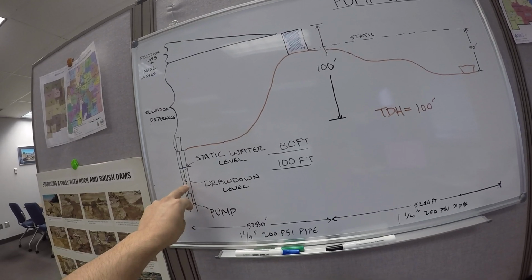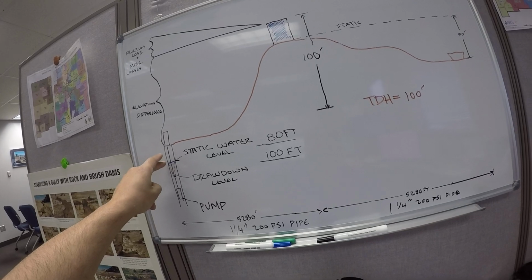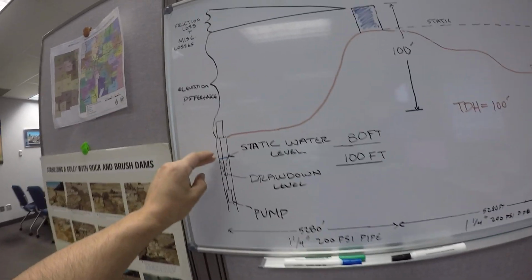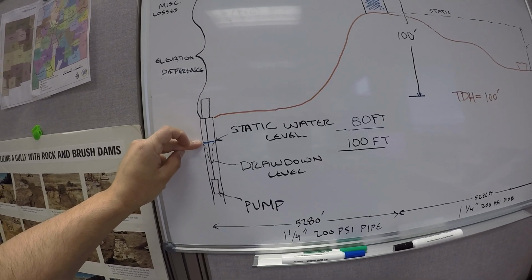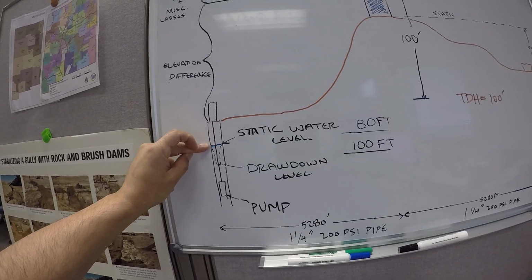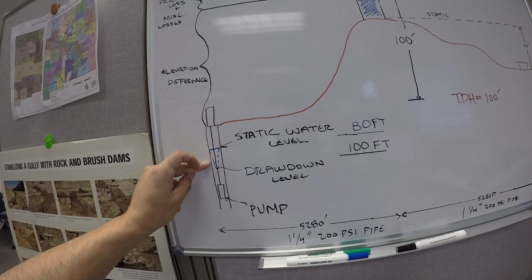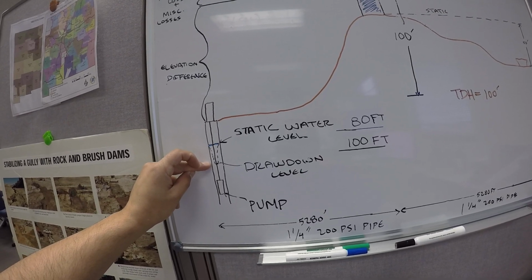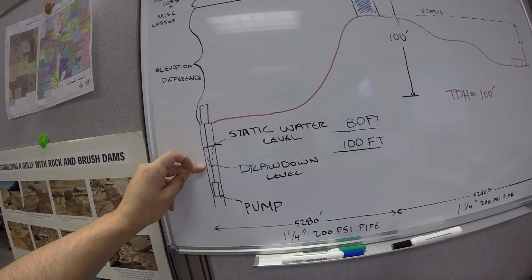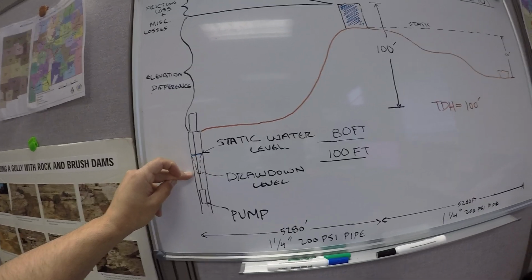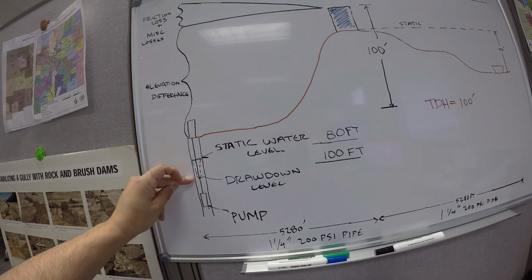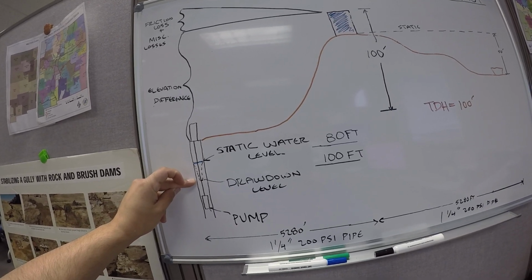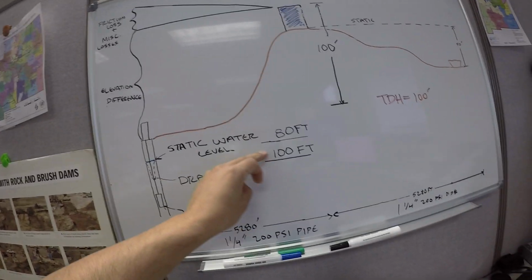Reason being is when your pump is not on, the water level is going to be here. That's static water. When your pump turns on, it's going to draw down to a certain level. That's the level that you want to put into your calculations when you're doing your TDH. So in that case, the drawdown is 100 feet.